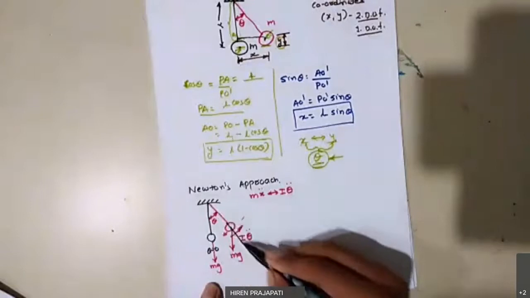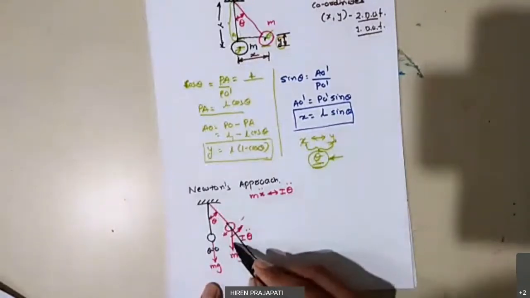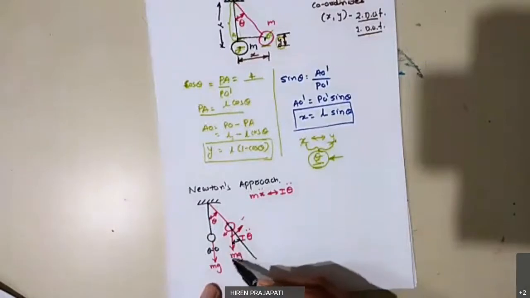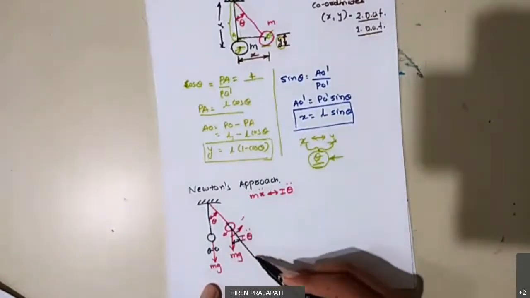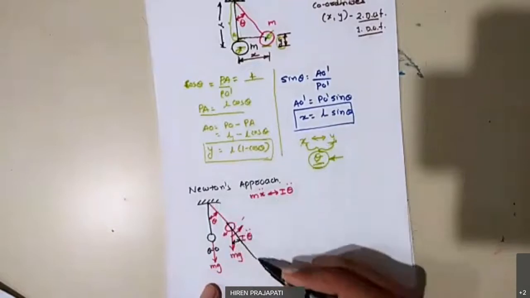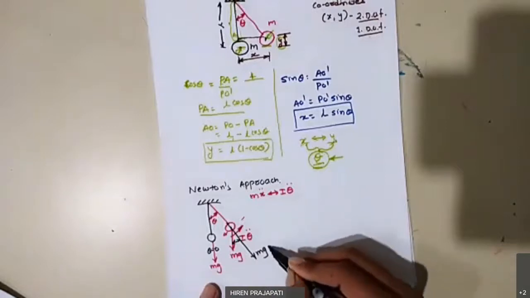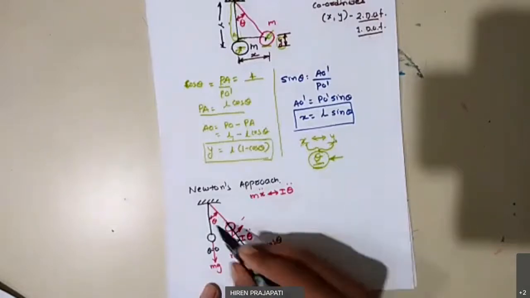If I extend this line, then this is again theta. Suppose I resolve this gravity force mg along the axis of force of the pendulum. This is called mg cos theta, because the angle theta is given.